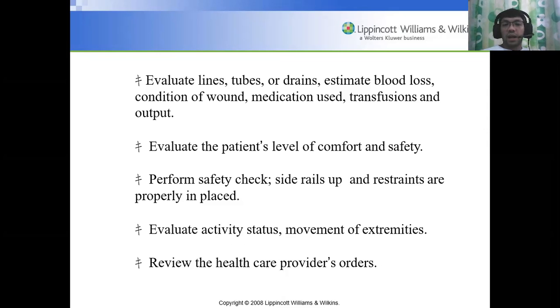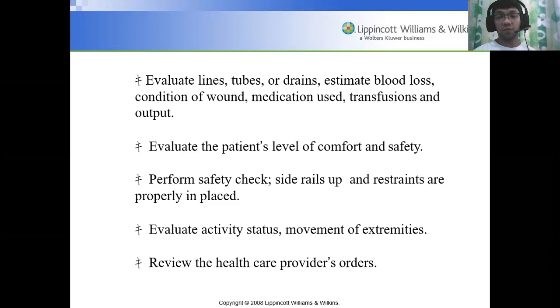We need to evaluate lines, tubes, or drains, and estimate blood loss as well, and the condition of the wound. So from time to time, when we are checking or changing the dressing of the incision site, we need to check the condition of the wound, medications that have been used, transfusions, and output.